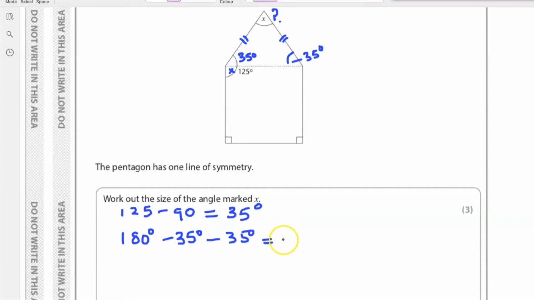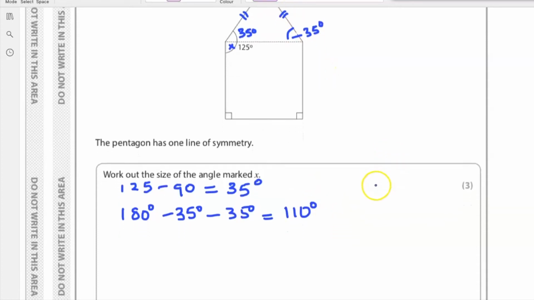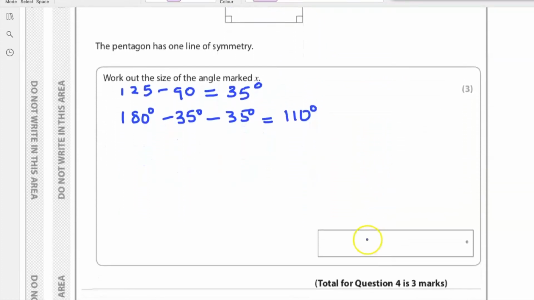Input this into your calculator and the answer is 110 degrees. Therefore, this angle here, x, is 110.